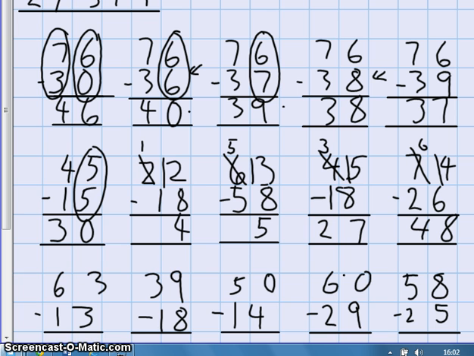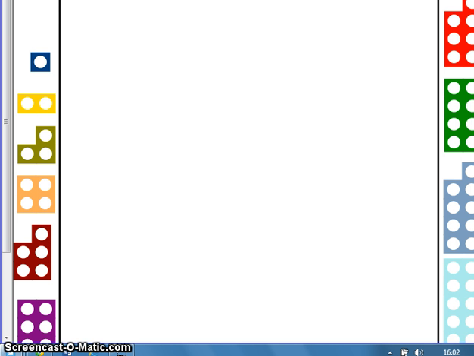Now, depending which way you want to go, for what you like, what you know, either one is fine. But beyond this, we've also looked at using manipulatives. You'll see at the sides here, there's 1 to 6 on one side, and on this side I have 7 through to 10. What we've done in class is we've built numbers up first of all. So if the question is 63 take away 22, I'll build it up with the pictures that I have.